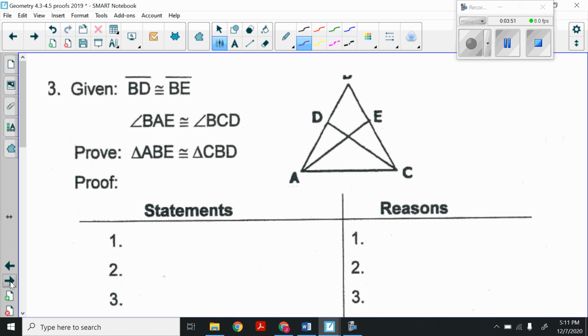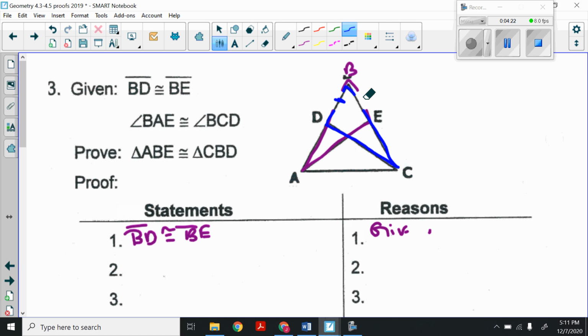All right, let's look at the back. So here I have that BD is congruent to BE, given. See, this is a B up here, it got cut off. They want me to prove triangle ABE congruent to triangle CBD, okay? So we know BD and BE are the same.